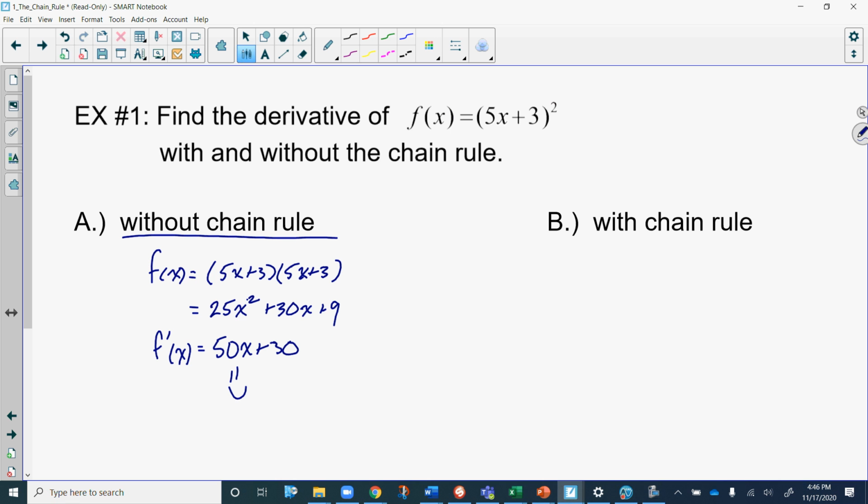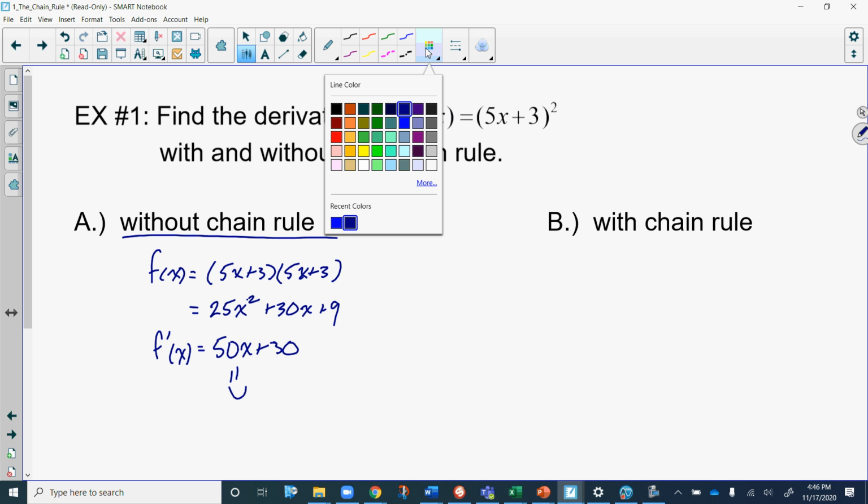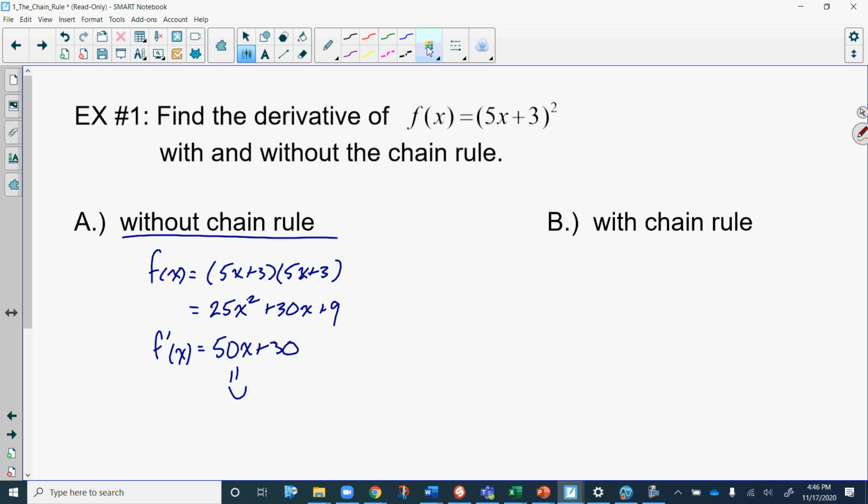Nothing to it. Now, that one was intentionally not complicated. We can expand that one very easily, take the derivative of it, but it's a good stepping stone for how we're going to look at the function using our chain rule.